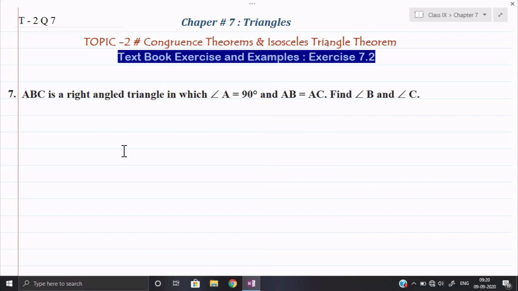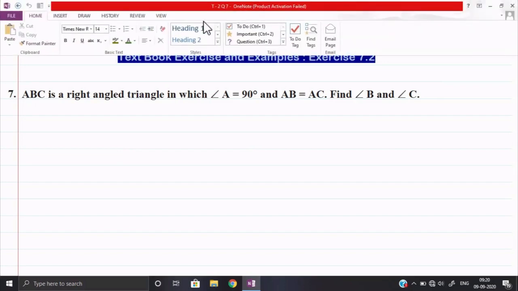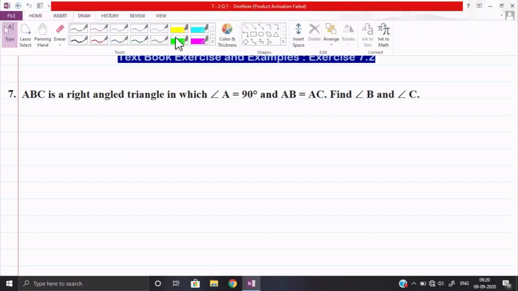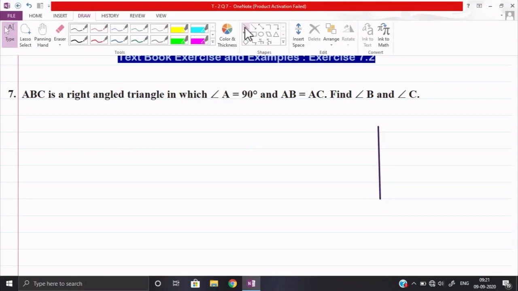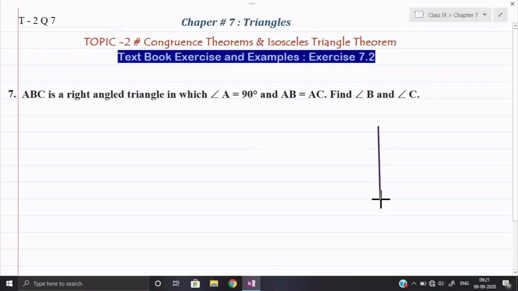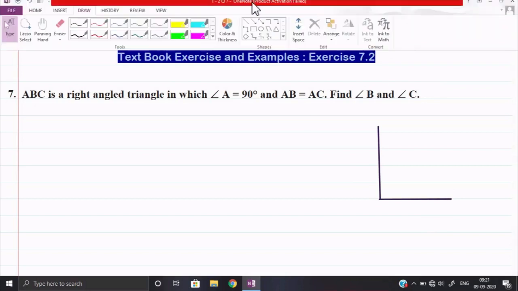Then we have to find the two angles, angle B and angle C. First of all, what we shall do here is draw the figure with the help of the given information, because in this question the figure is not given to us. So let us draw the figure first. Here we shall first draw one vertical line, then in a similar way we shall draw the horizontal line, because the triangle is given to us as a right angle triangle.